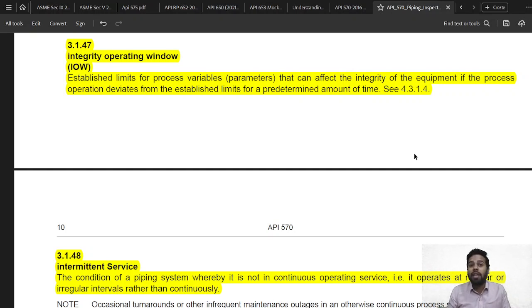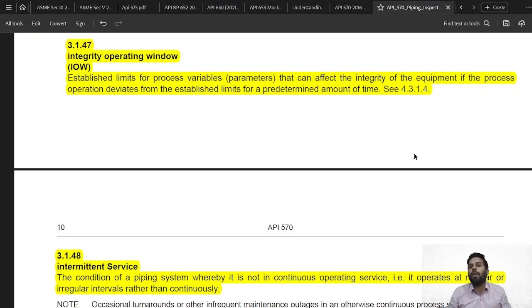This is what it was designed for. But if there is any unforeseeable condition where it goes beyond 200 at the upper shelf value or lower than 17 degrees Celsius at the lower shelf, whenever it crosses this threshold, we would consider this an integrity operating window exceedance, and the range between 17 and 200 will be considered the integrity operating window.